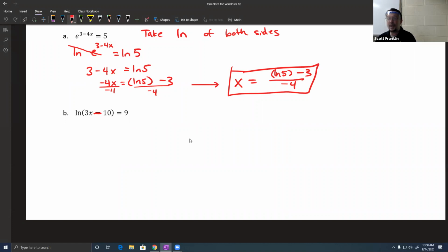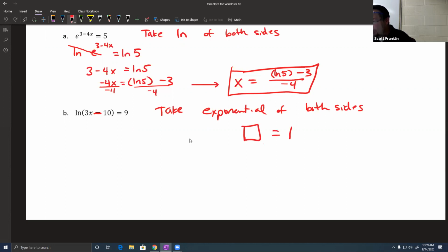So this one up here had an exponential, and so I took the log of both sides. This one has a log, which means I want to take the exponential of both sides. What does that mean? That means to raise both sides into the exponent.